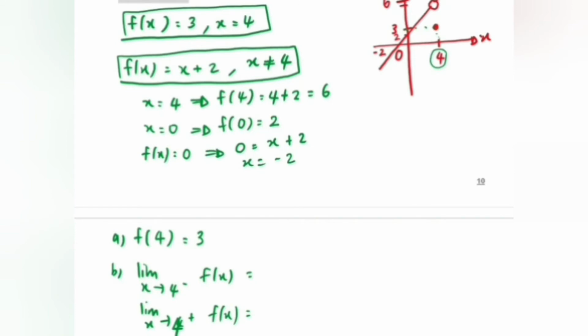If you refer to the graph, from the left, as x approaches 4, f(x) is 6. And for the right-hand limit, as x approaches 4 from the right, f(x) is also 6.